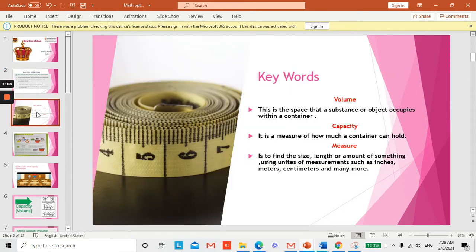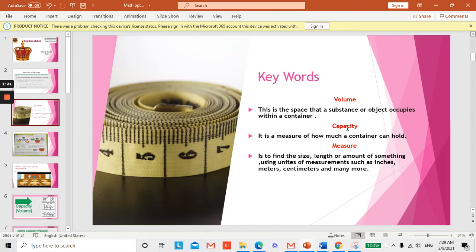Let's look at our keywords. We have volume. This is the space that a substance or object occupies within a container. We have capacity.